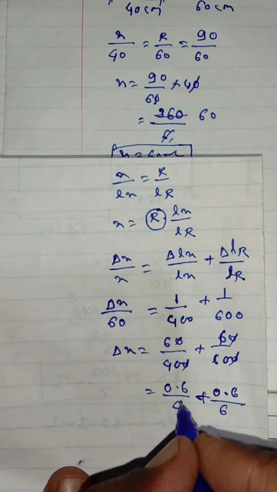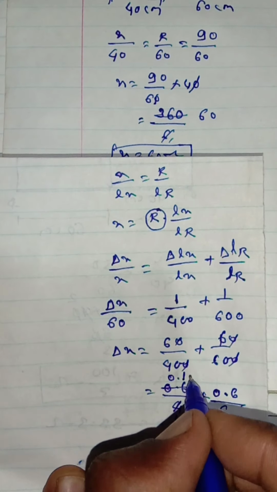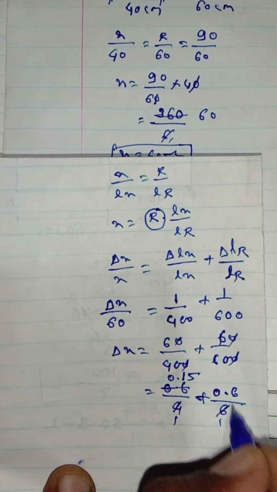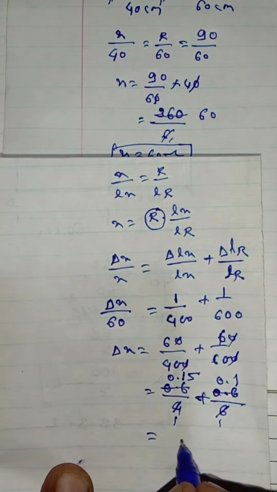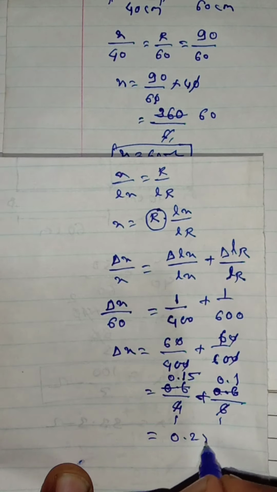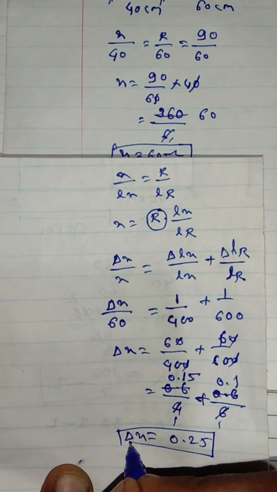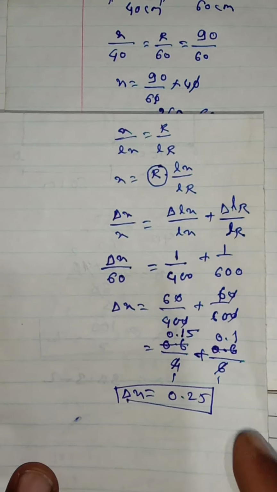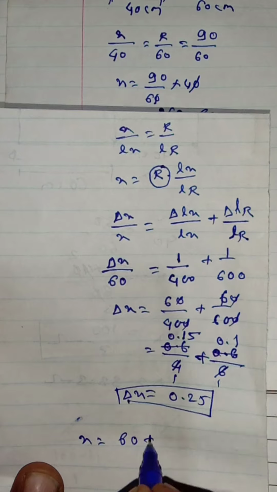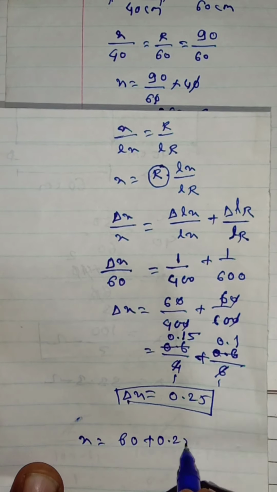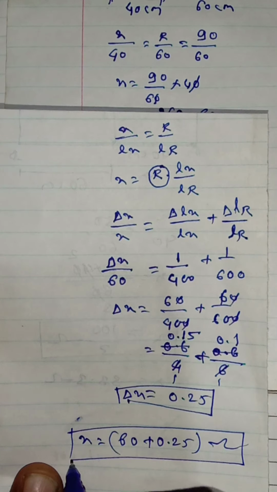That is 0.15 plus 0.1. Taking the summation we can write here 0.25, that is delta x is equal to 0.25. Our final answer is x is equal to 60 plus or minus 0.25 ohm. Thank you.